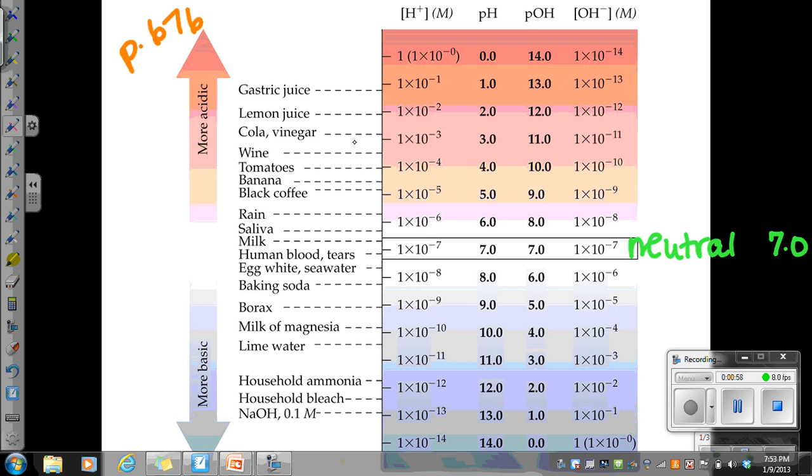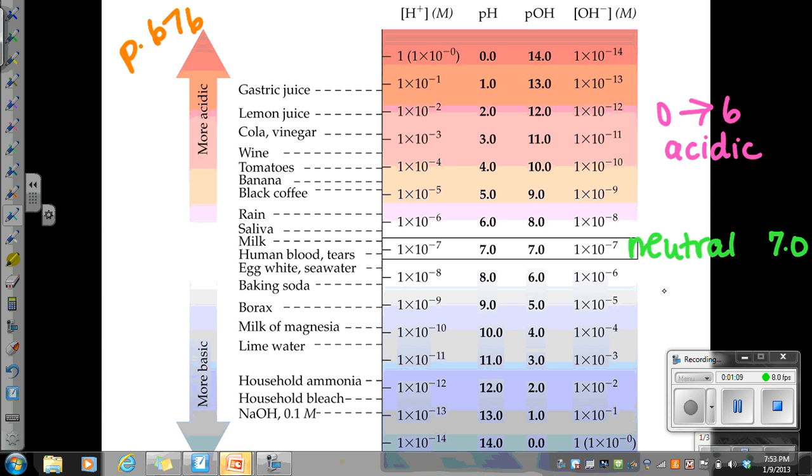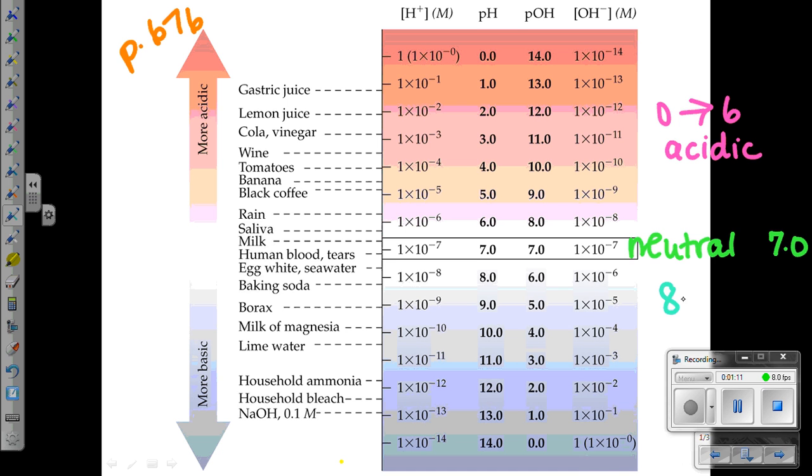If we are at a pH that is between essentially 0 and 6, we are going to call that acidic. If we are looking at a pH that is from 8 to 14, we are going to consider that basic. So pH in general ranges from 0 to 14.